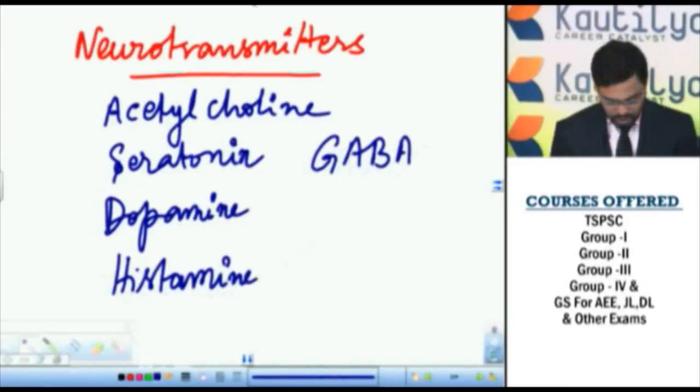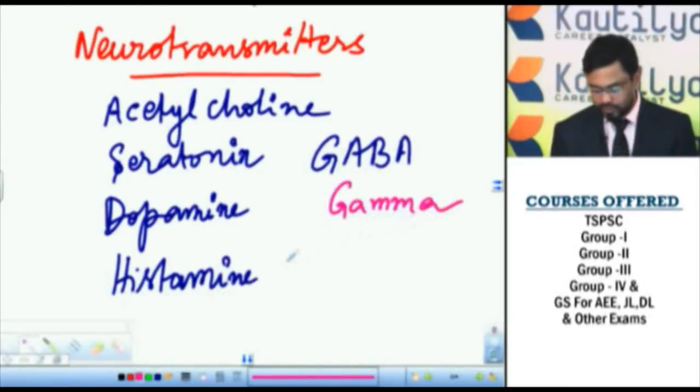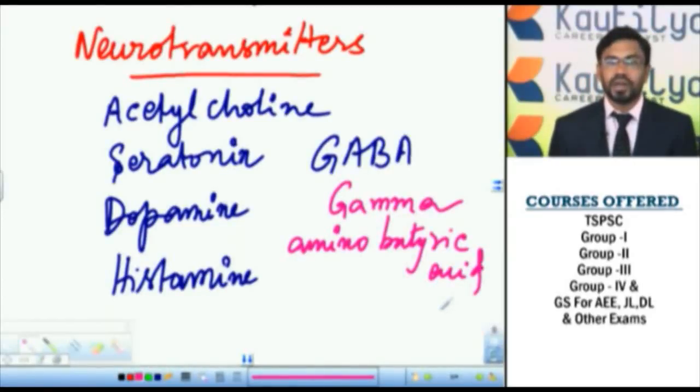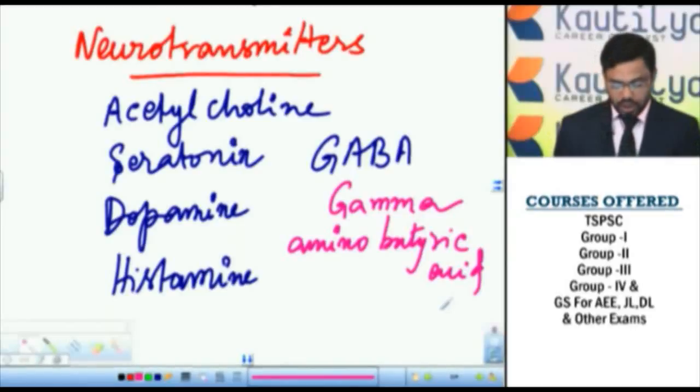GABA means gamma aminobutyric acid. These neurotransmitters may be excitatory or inhibitory in function.